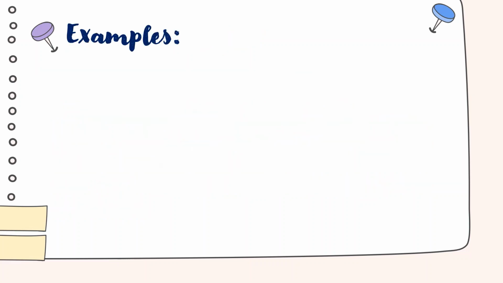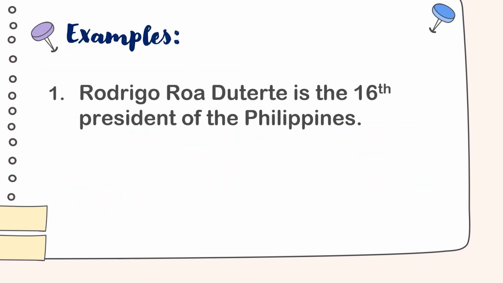Look at these examples. Number 1. Rodrigo Roa Duterte is the 16th President of the Philippines. In this sentence, who is being talked about as the 16th President of the Philippines? You are correct. He is Rodrigo Roa Duterte. Therefore, it is a noun acting as a subject because he is the one being talked about in the sentence.